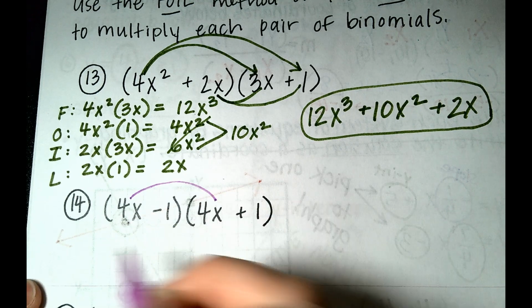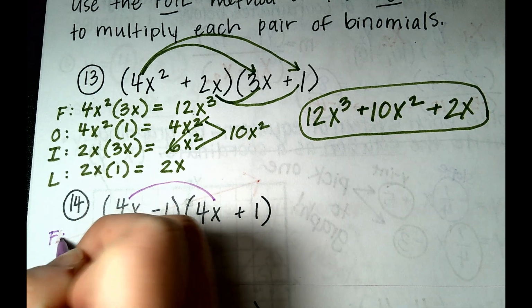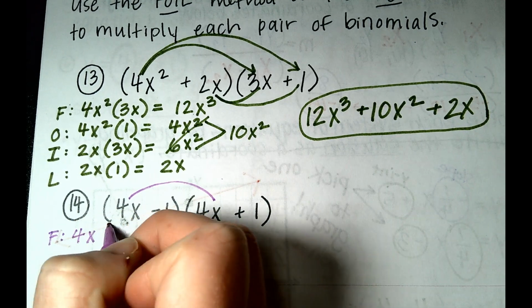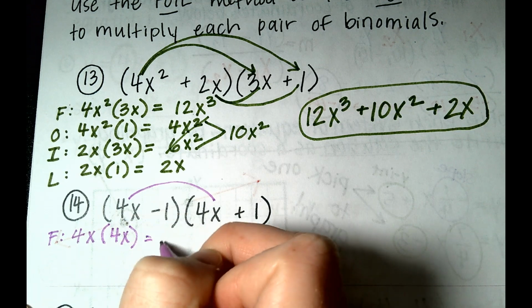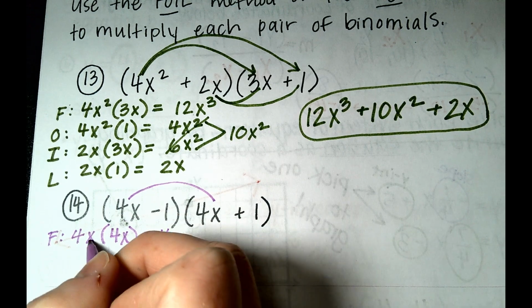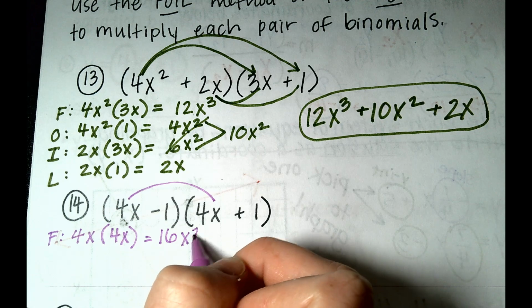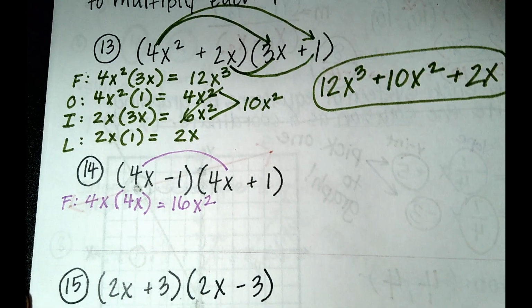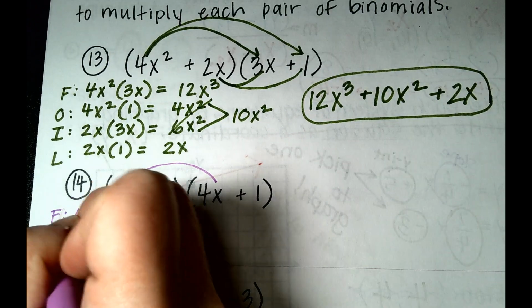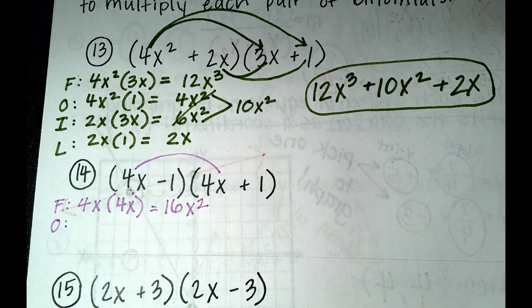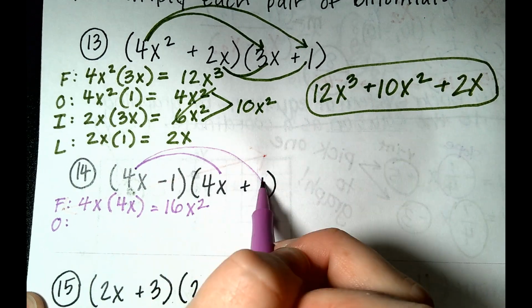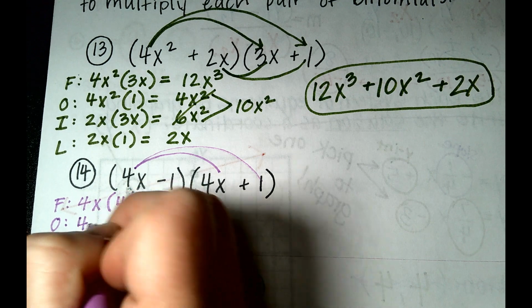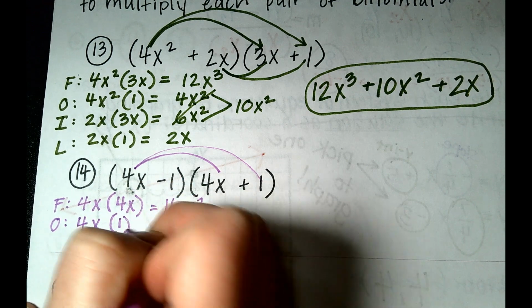Good, 4x times 4x. 4x times 4x. 4 times 4 is 16. X and x give us x squared. Now our outer terms, what's that? Good, 4x and 1, which is 4x.